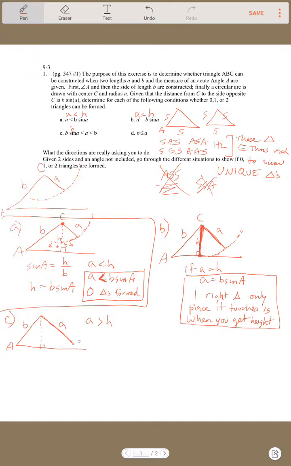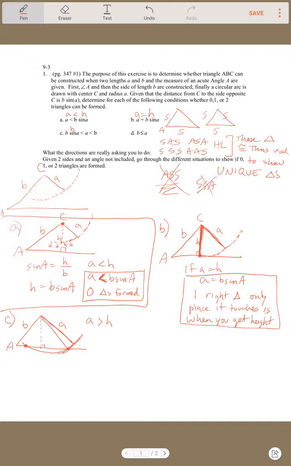So when that happens, when we swing A, notice now what we actually do is we're going to pass through this line. And when it passes at this particular point, that is when you can actually form your triangle. And as A swings, it also has a possibility of swinging and touching at this point too.